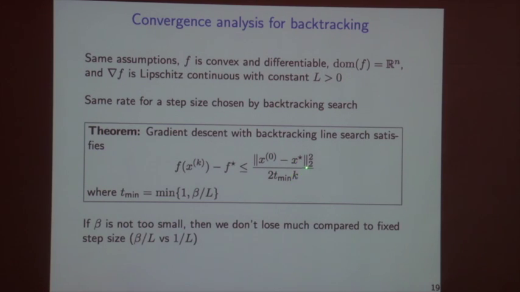The only price that you're paying is that your constant will depend on this quantity t min, which is the minimum between 1 and beta divided by L. Usually, if we didn't have backtracking, instead of beta over L we would have 1/L. So we're just paying a small penalty in this constant when we perform backtracking. But as long as beta is not too small, you're not blowing up this constant in front of the rate.